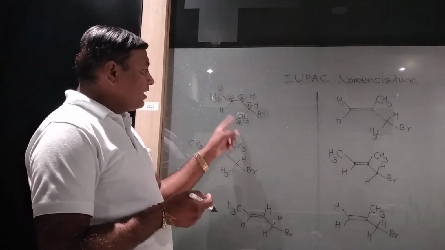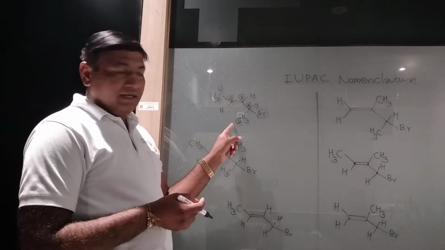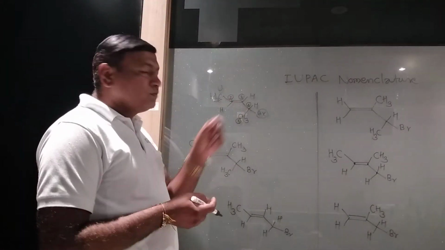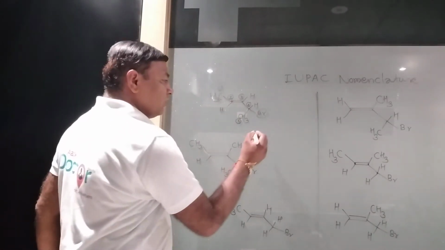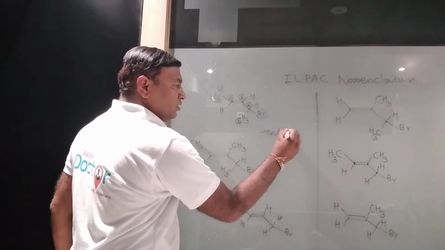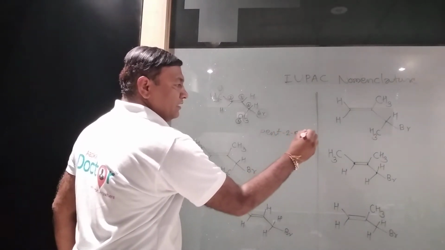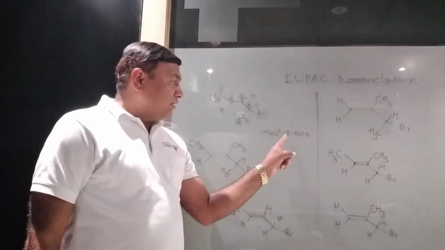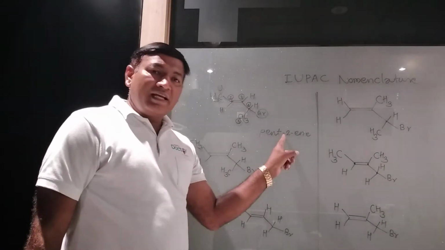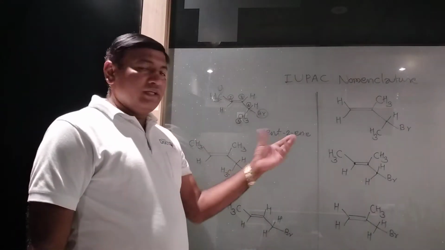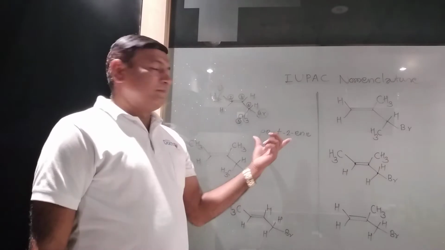A 5 carbon alkane is pentane. But if a double bond is there and the double bond is in position 2, we have to write pent-2-ene, meaning pentene, with the double bond at the 2 position. So pent-2-ene is the parent alkene.